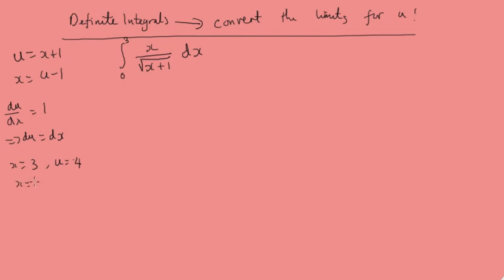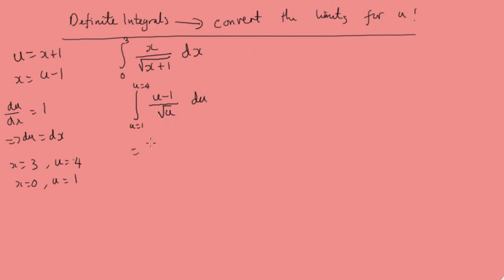And when x equals 0, u equals 1. So let's substitute everything. So now we've got the limits between u equals 1 and u equals 4. Our value of x is u minus 1, over the square root of u, du.